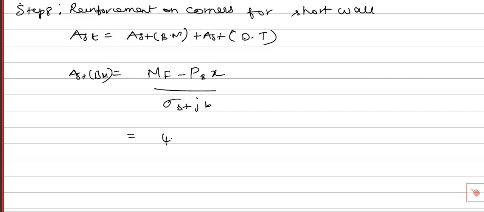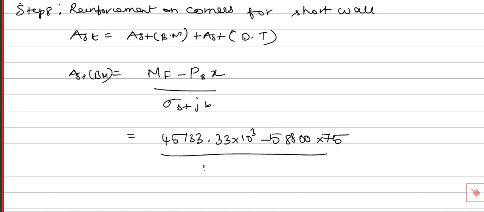So 45733.33 into 10 power 3 minus 58800 multiplied by X, 75, divided by sigma ST is equal to 115 into 0.853 multiplied by the effective depth of the wall 185. So what is the answer? We are getting 2207.07 mm square.